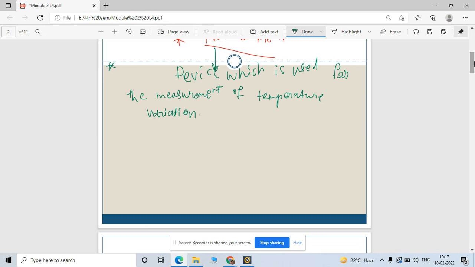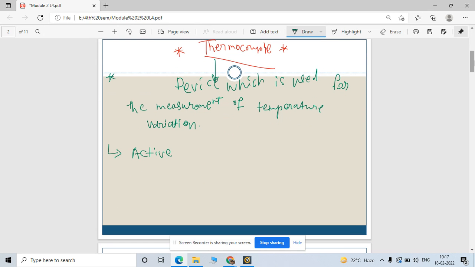If it requires some external source for its working, then that device is put in the passive transducer category. So this thermocouple is an active transducer. Okay, it means it does not require any external energy source for its working. Whenever a difference in temperature is created, because of that a current flows within that circuit. So this is your active transducer.